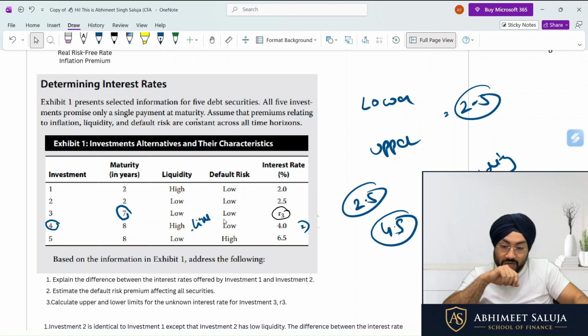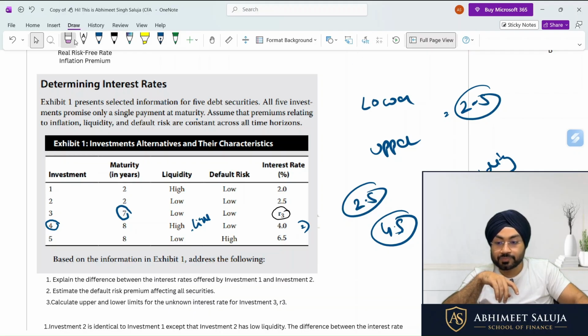The third bond also has lower liquidity and lower default risk, and the fourth one with an interest rate of 4.5% has lower liquidity and lower default risk too. So the upper limit should be 4.5, because 7 years maturity would demand lower compensation than 8 years maturity.